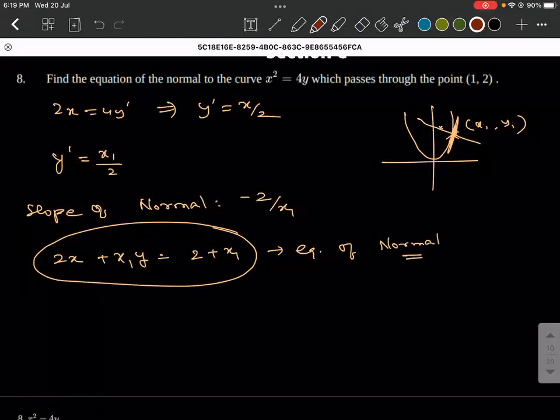Now you can find the relation between x1 and y1 by taking this and substituting it here. You will have x1 square is equal to 4 times y1. Take it and substitute it there. Then you should get the answer.